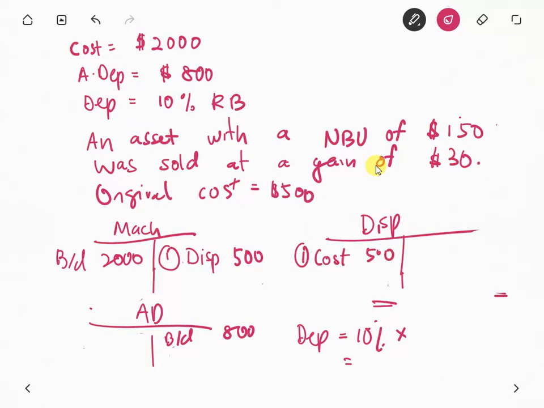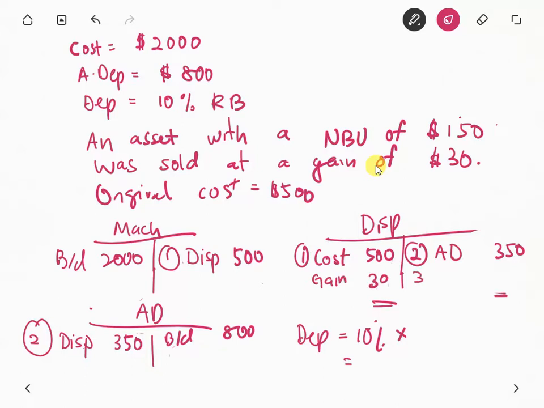500. Do we know the accumulated? Yes, 500 cost less net book, so 35. I make a gain of 30.